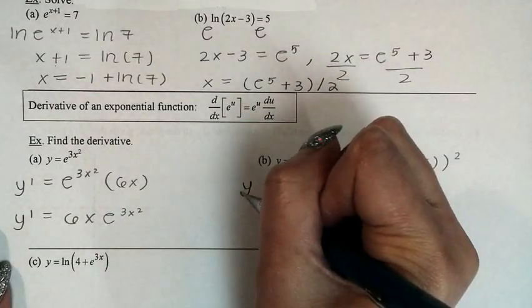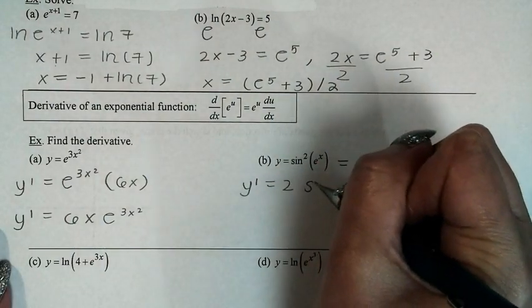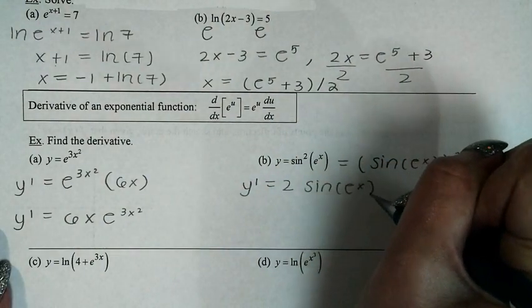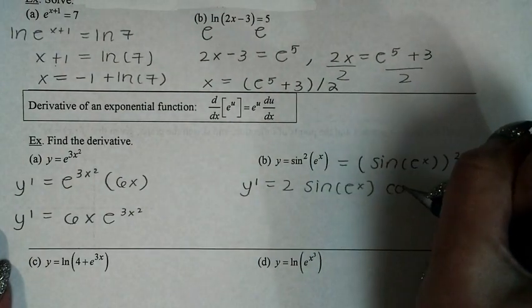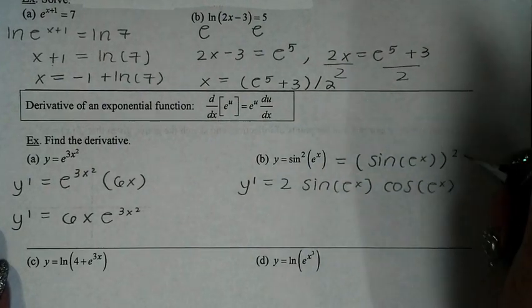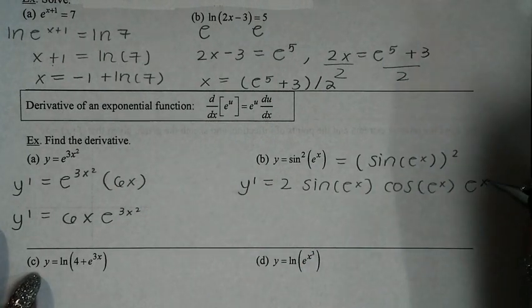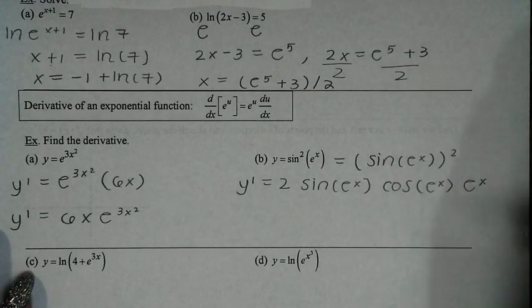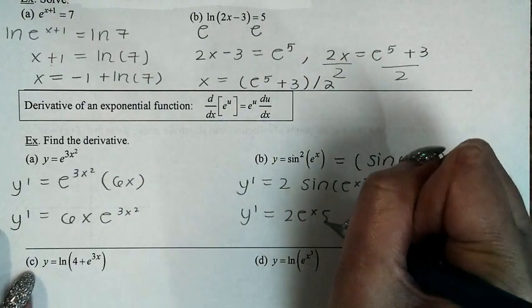Okay, so you have that y prime is going to be equal to 2 sine of e to the x, because this one has exponent 1, times the derivative of the sine, which is cosine of e to the x, times the derivative of the inside of the cosine, which is e to the x. And then you would need to take the derivative of the x, but you know that that's 1, so we leave it like that. Or you can leave it as this. This is as much as we can do for this problem, okay?